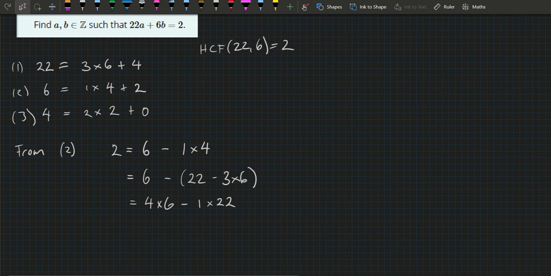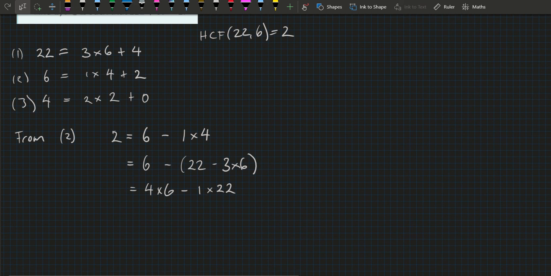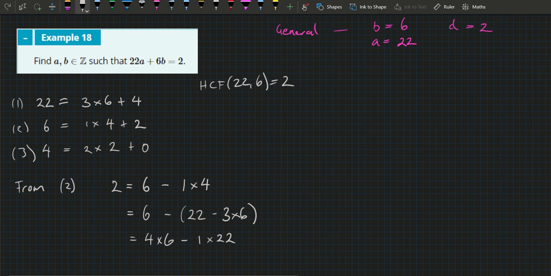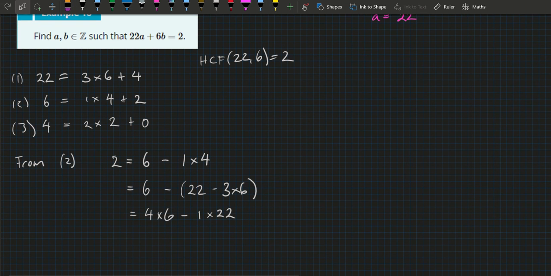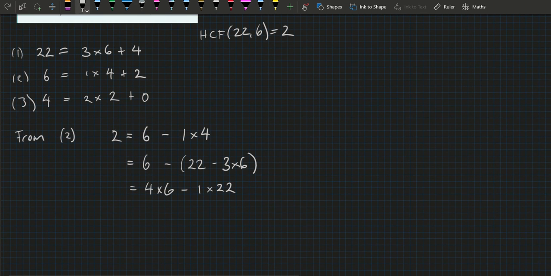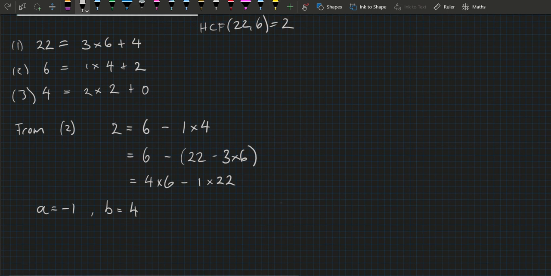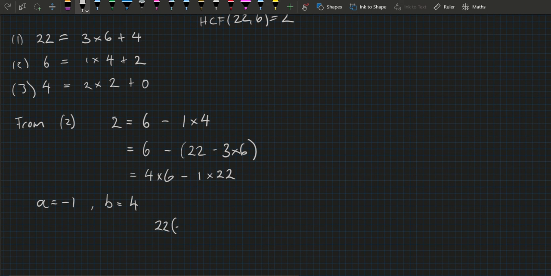Okay, so I can see now, if we go back to what we wanted here, we're looking at 22 times A and 6 times B. So if A was equal to minus 1, because I'm looking at this number here, and B equal to 4, then 22 times minus 1 plus 6, so that's A and B, times 4 will equal 2.